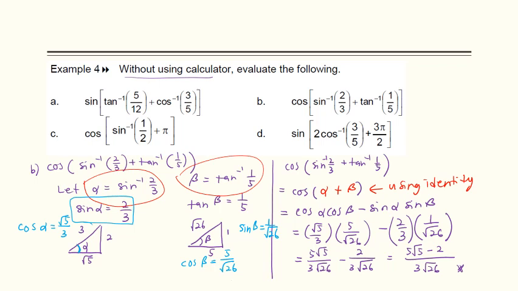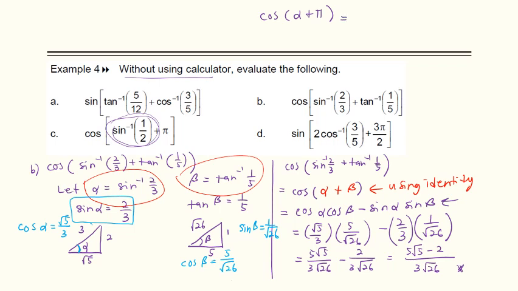Okay, example soalan C. Cos of sin inverse 1 over 2 plus pi. Okay. So untuk soalan ni kita akan let ni je. Okay. Tapi nanti dia akan jadi cos alpha plus pi. Samalah, cos alpha plus pi ni akan guna identity. So identity dia sama dengan ini kan. Okay.